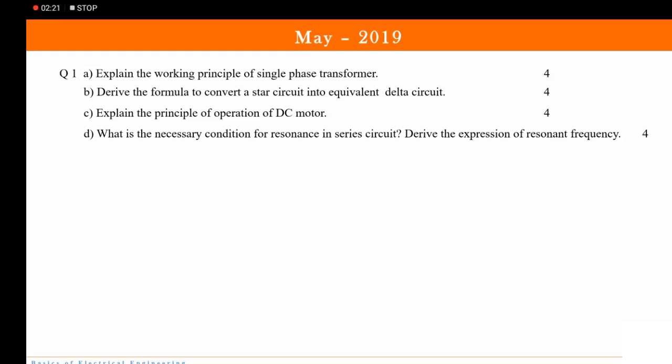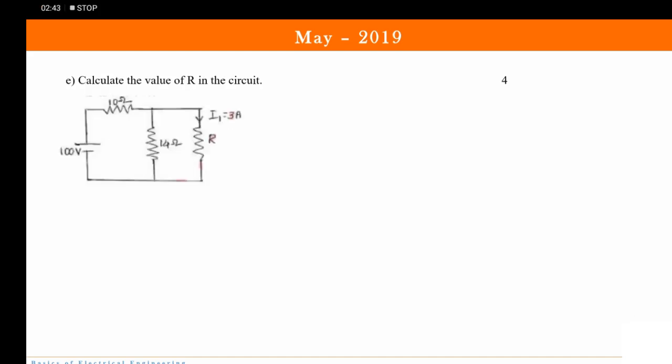So this topic has been covered in that lecture. We have derived the equation for resonance frequency also, and we have discussed the series resonance circuit in detail there. Fine. So these 4 questions have been dealt with in our previous lectures. So let us move to the next part.